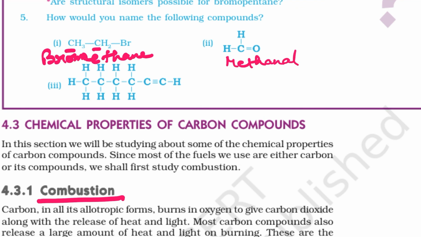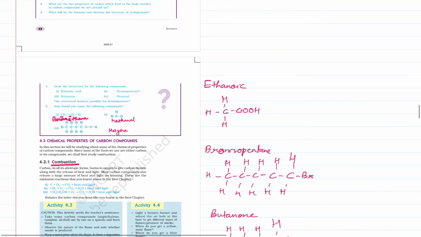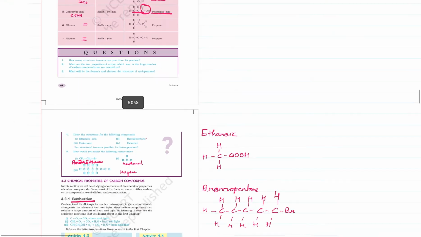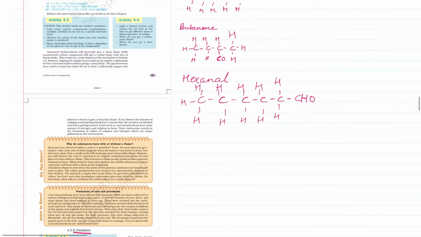Then we have a triple bond here. So 1, 2, 3, 4, 5 and 6 carbons. So hex. And why YNE? Because there is a triple bond present. So hexyne. This is how you give nomenclature to various carbon and its compounds. Thank you.